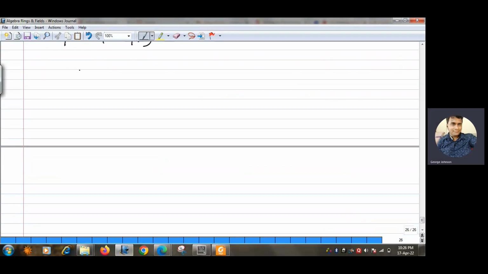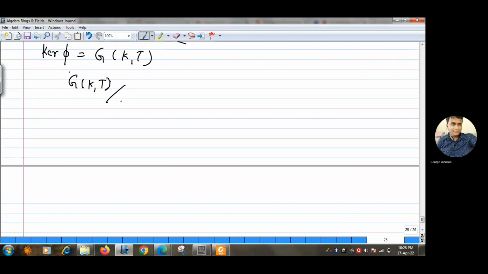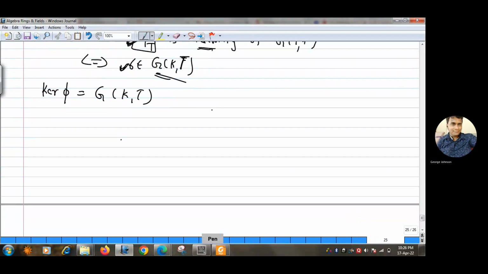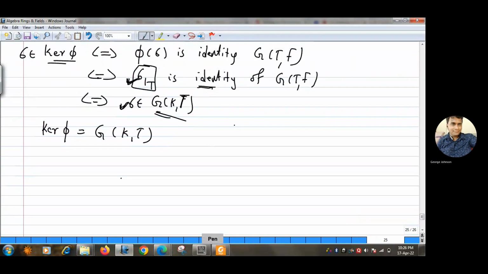So now what we have, using the first homomorphism theorem, GKF quotient kernel of phi is isomorphic to phi of GKF.